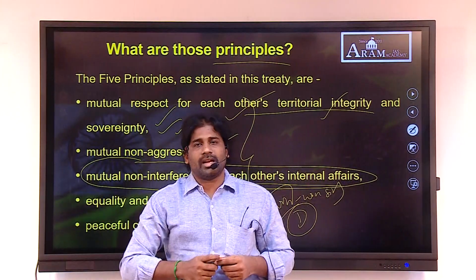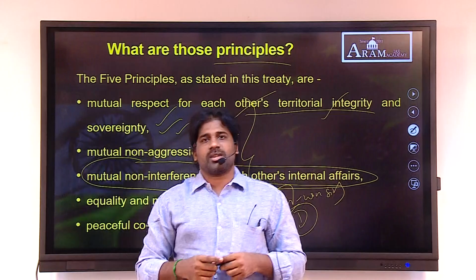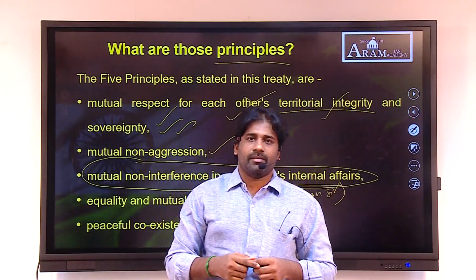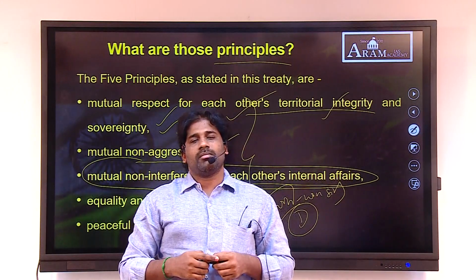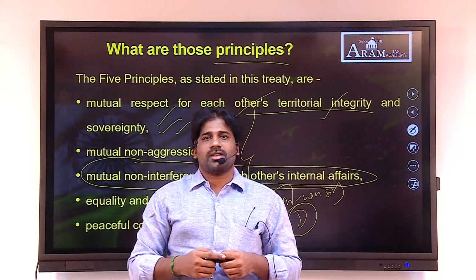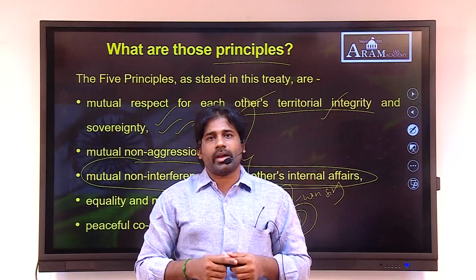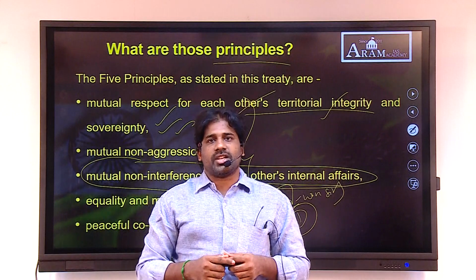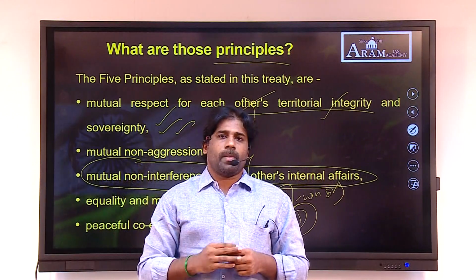But this particular act went against mutual non-interference in each other's internal affairs. The Dalai Lama and Tibet are internal affairs of China, according to Mao. But Nehru said, Mao will understand why I took such a decision. That's a statement by Nehru.